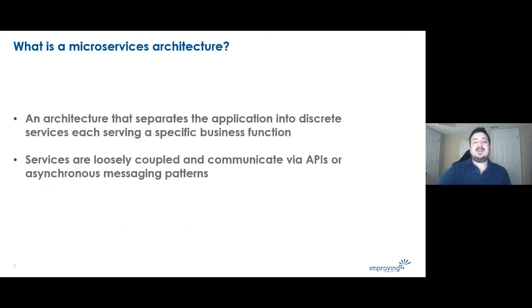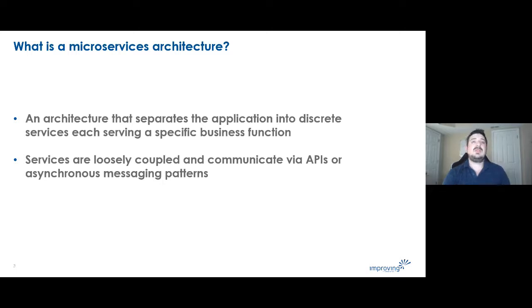So what is a microservices architecture? So it's pretty simple at a high level. It's just an architecture that separates the application into discrete services, each serving a specific business function. And those services then are loosely coupled and communicate either via APIs or asynchronous messaging patterns.